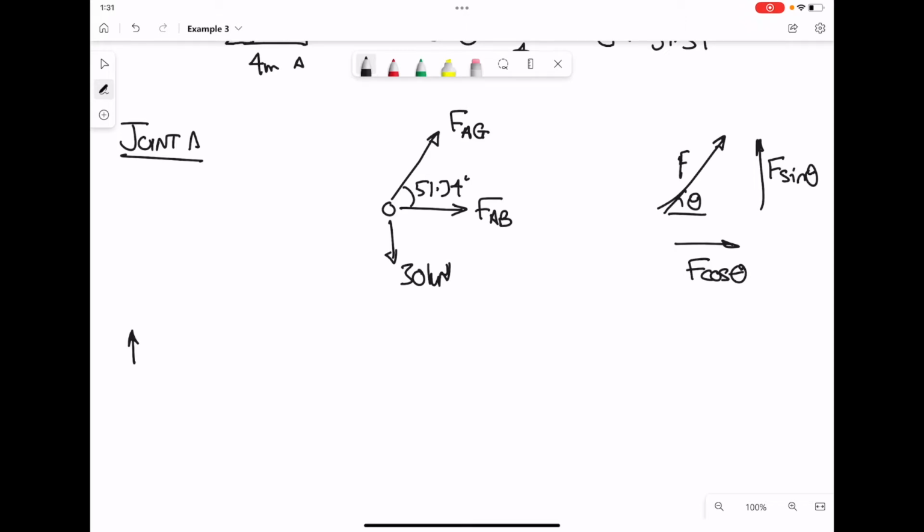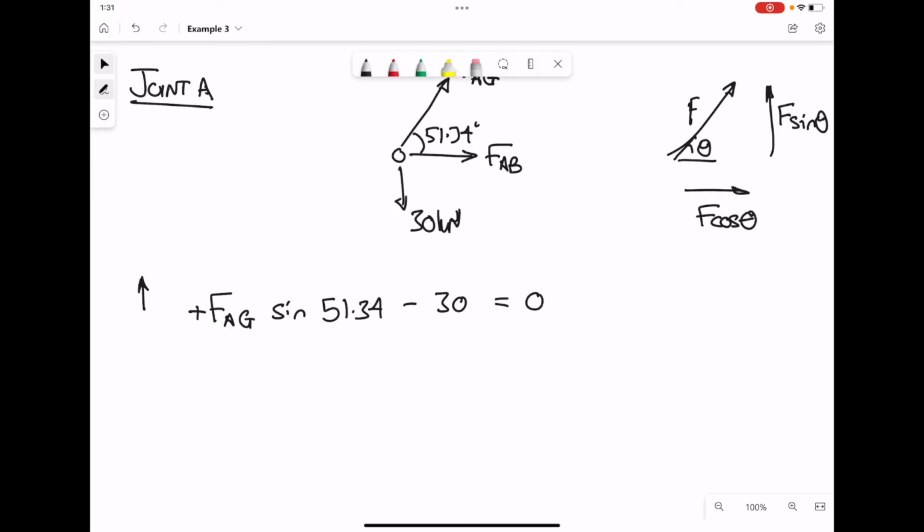Resolving the forces at joint A vertically, we then have force AG. It's acting upwards, therefore it's positive, but we've got to resolve it. So we're going to use the sine of our angle. Remember, use the angle relative to the horizontal. Then we take off our 30 because that's acting downwards. For equilibrium, they must add together to give you 0.